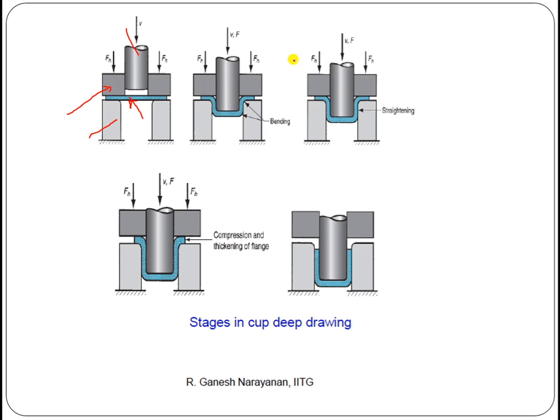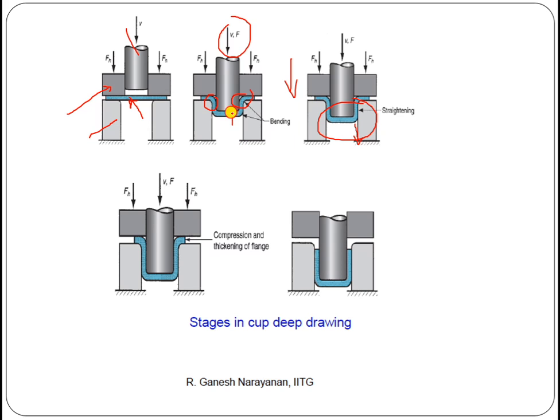In the gradual process, whenever this punch is forced downward, in contact with the sheet metal blank, plastic deformation gradually takes place at this particular location, and the required shape is given to the sheet metal. Slowly it comes downward through this die, which has an opening like this.